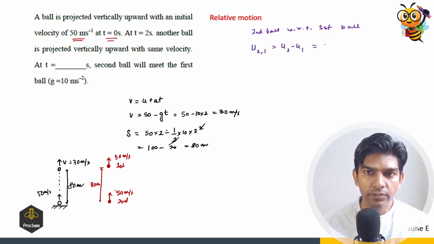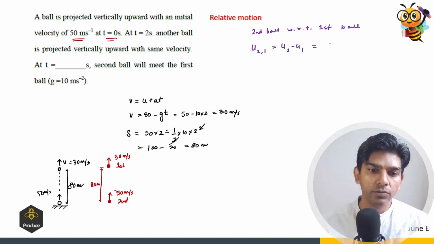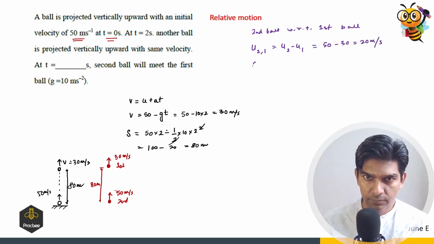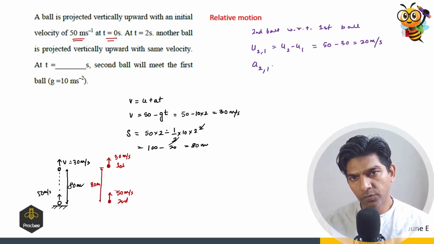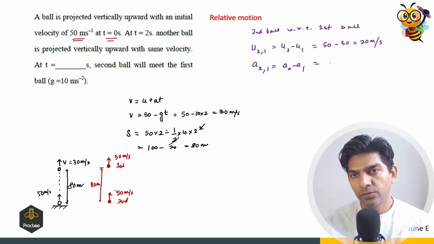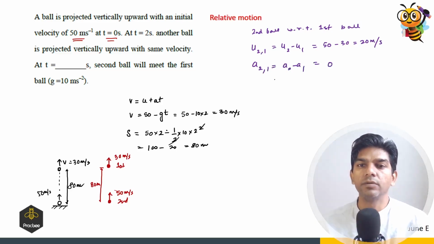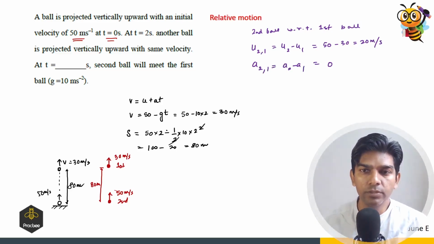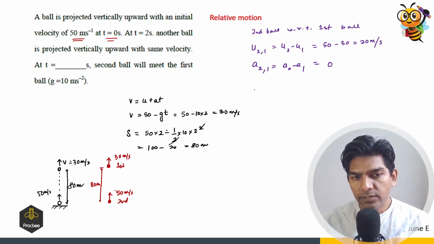Taking upward as positive, u2 is 50 and u1 is 30, so that will be 20 meters per second. Acceleration of 2 with respect to 1 will be a2 minus a1. Both have the same acceleration g, so that will be 0. It means with respect to the first ball, the second is having uniform motion, and the distance between them is 80.